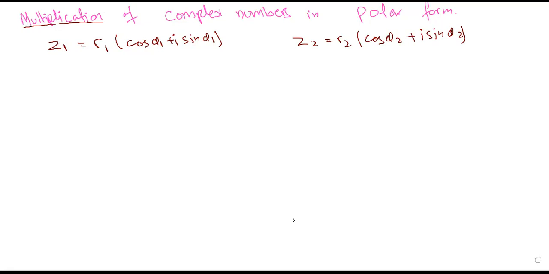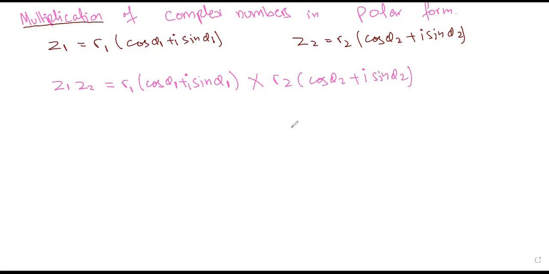In order to multiply this, we will get Z1 Z2, we are multiplying them. So we will have Z1, that is R1 (cos theta 1 plus iota sine theta 1), multiplied by Z2, that is R2 (cos theta 2 plus iota sine theta 2), right?